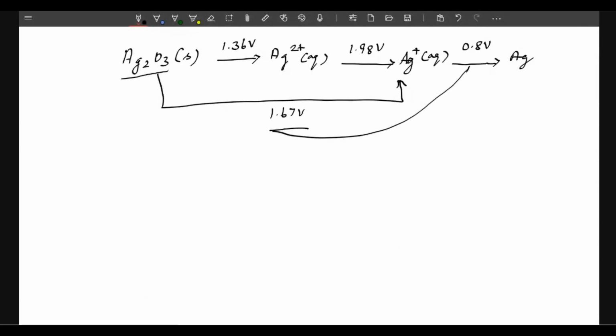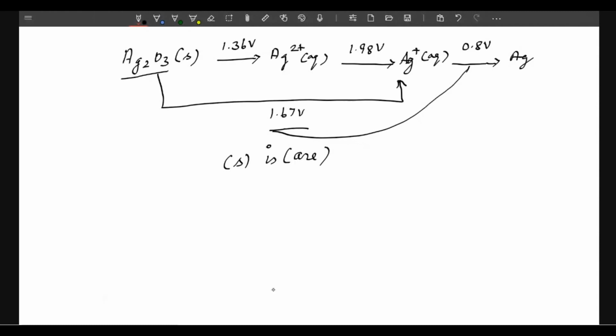The question is, which of the following statements are correct?